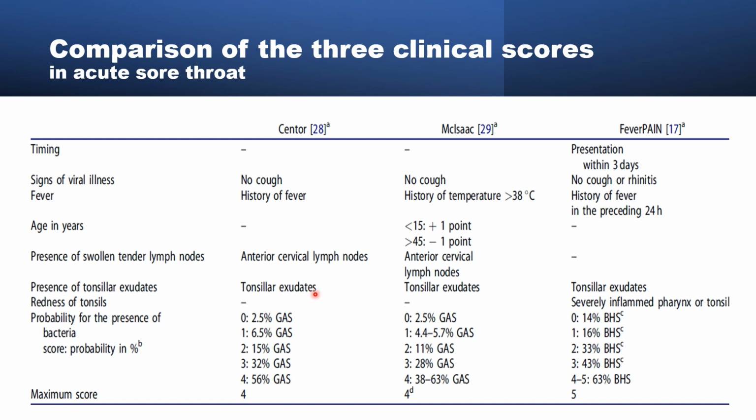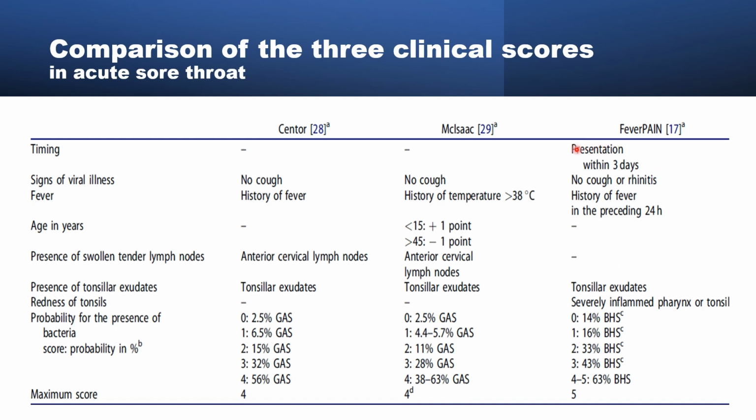The third is tonsillar exudate. This is the same in the McIsaac and the same with the FeverPAIN. Now, the anterior cervical lymph node swelling or tenderness is also mirrored in the McIsaac, but it's not included in the FeverPAIN. The FeverPAIN, on the other hand, has two other factors.